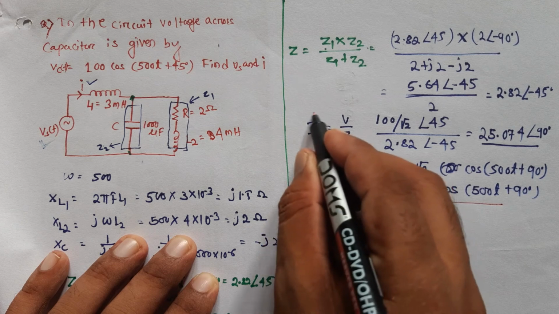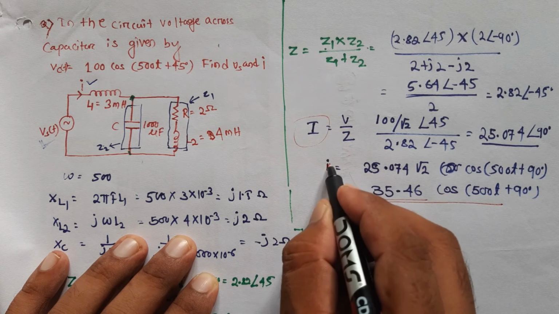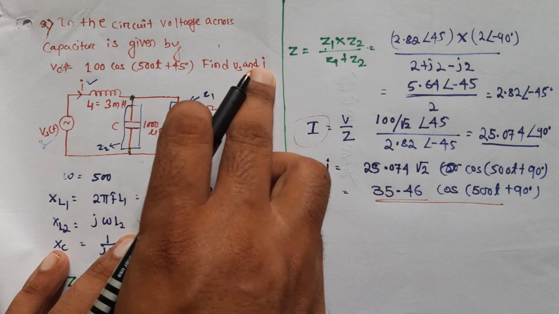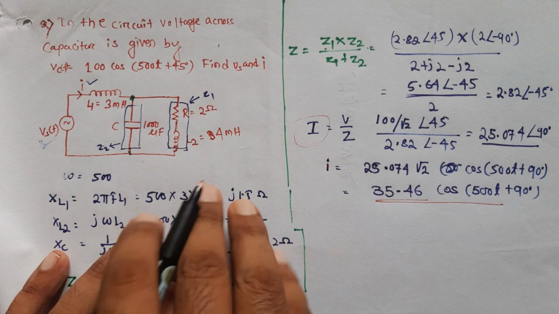Here first we need to find the RMS value, then we find the instantaneous value, since the question asks for the instantaneous value. Next we find the voltage.